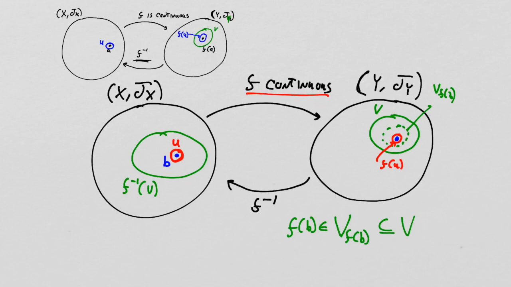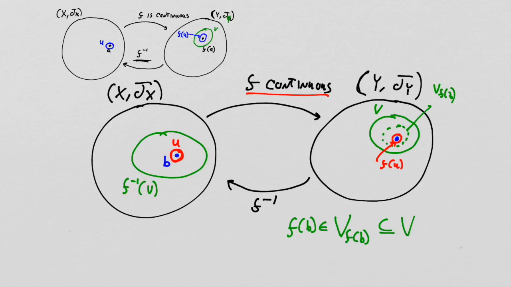And the reason that that's important is that this set, f inverse of V, is going to be the union of every one of those neighborhoods around every single point in its interior, right? And that means that f inverse of V is the union of a bunch of open sets, an infinite number of open sets. And if you're the union of a bunch of open sets, you're open.